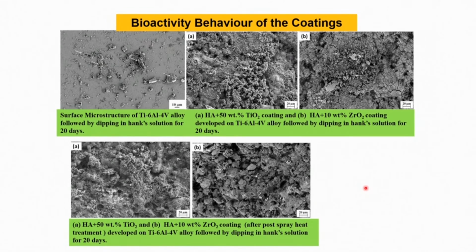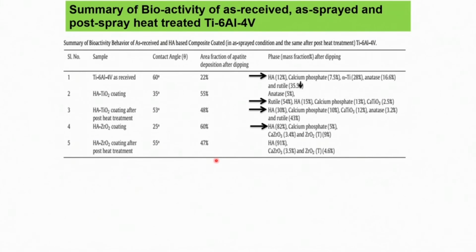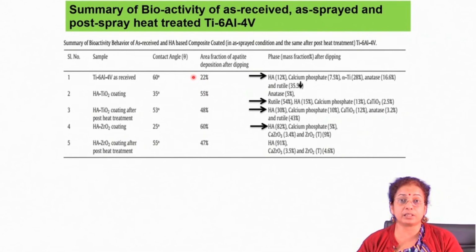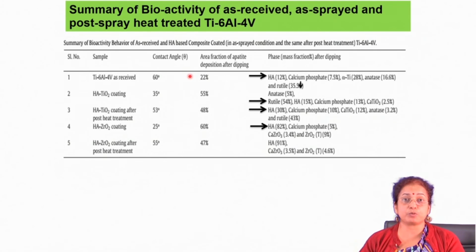But the main purpose of the coating was to increase the bioactivity and have superior fracture toughness. So, when we did the bioactivity study, we analyzed the bioactivity behavior of this coating by knowing the percentage of calcium phosphate deposited when dipped in Hank's solution.